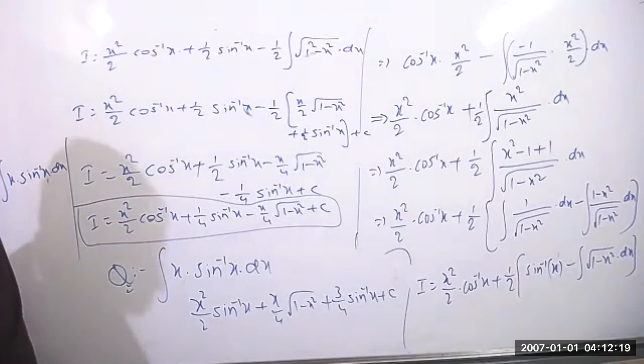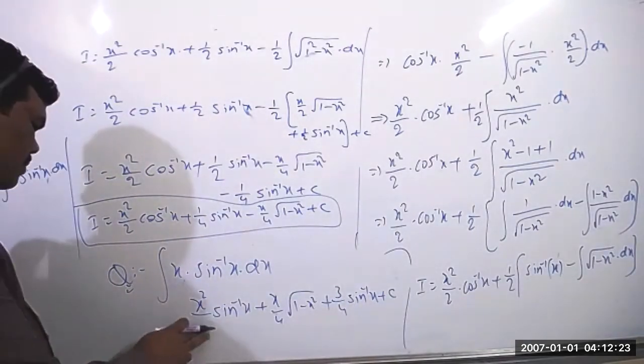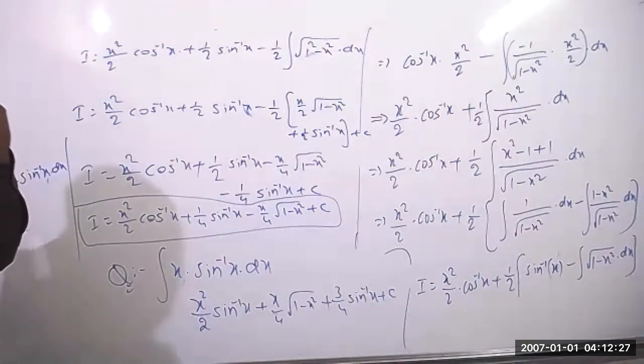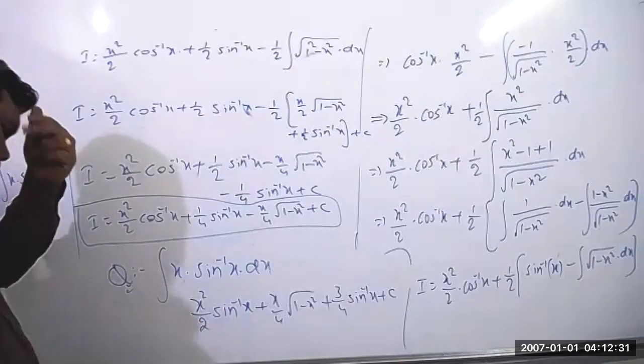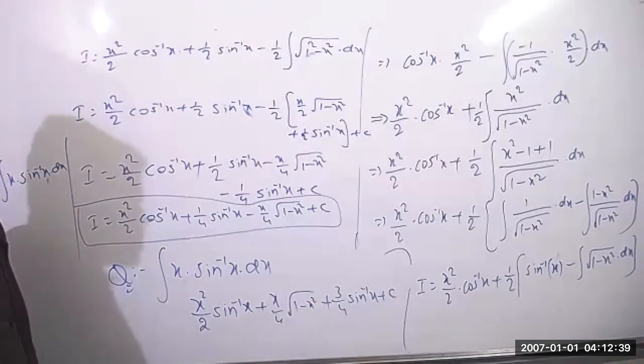This is the answer for that. x square by 2 into sin inverse of x plus x by 4 into root of 1 minus x square plus 3 by 4 into sin inverse of x plus c.